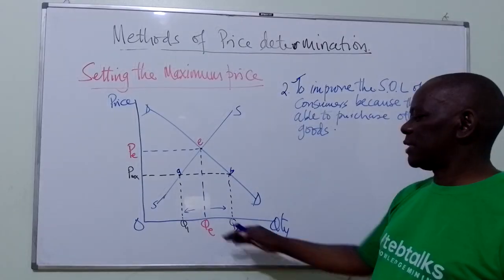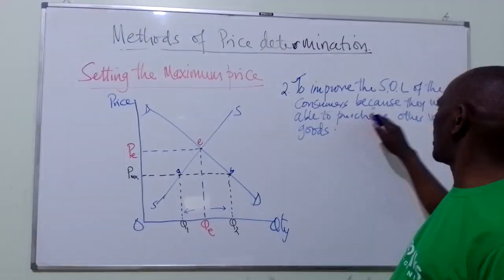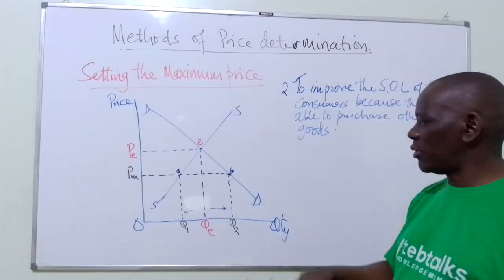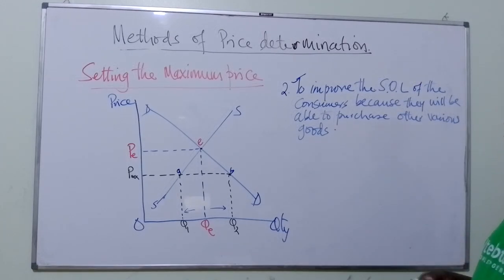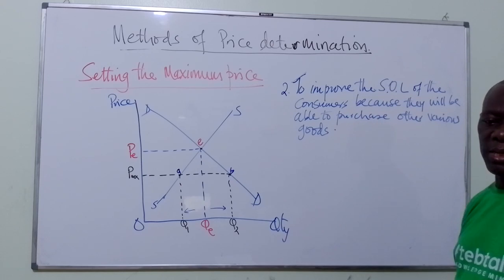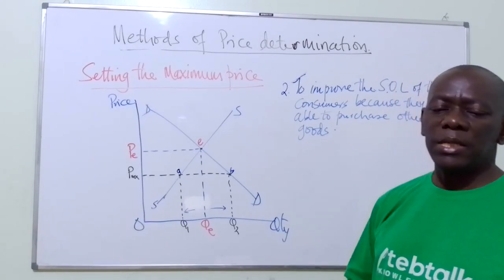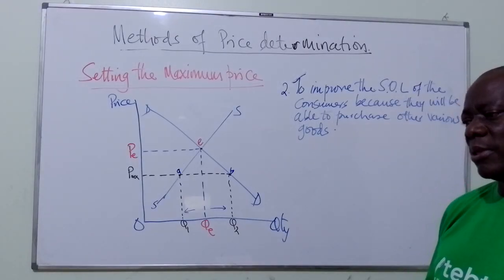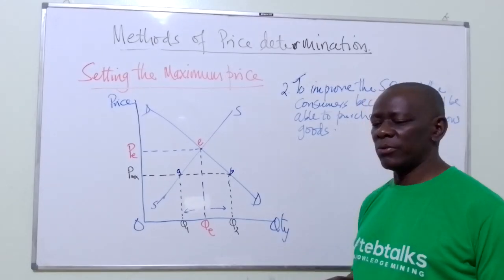Now, either he's buying the same output and the balance is used to buy other commodities, or he buys more of that commodity. Whichever decision he takes, he's going to improve his standard of living, because he's now having enough income, he's now having a variety of commodities. Why? Because the prices are set below the equilibrium.